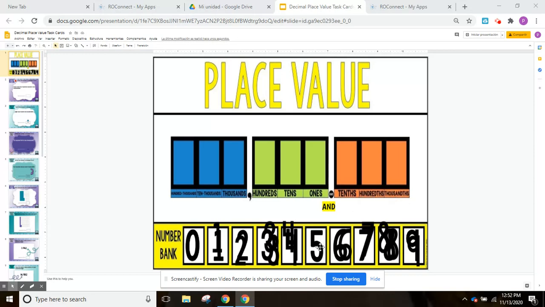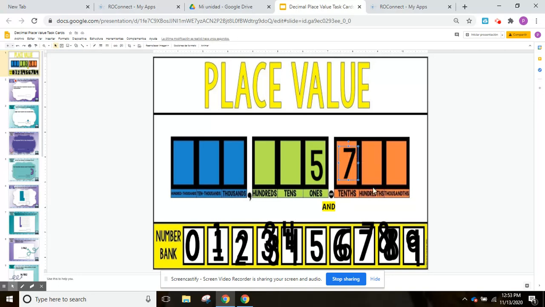So I'm going to do an example number. I'm going to put a 5 here, and I'm going to put a 7 over here. So if I'm reading this number, I'm going to read it like 5 and 7 tenths. I'm always going to read the last digit of my decimal.